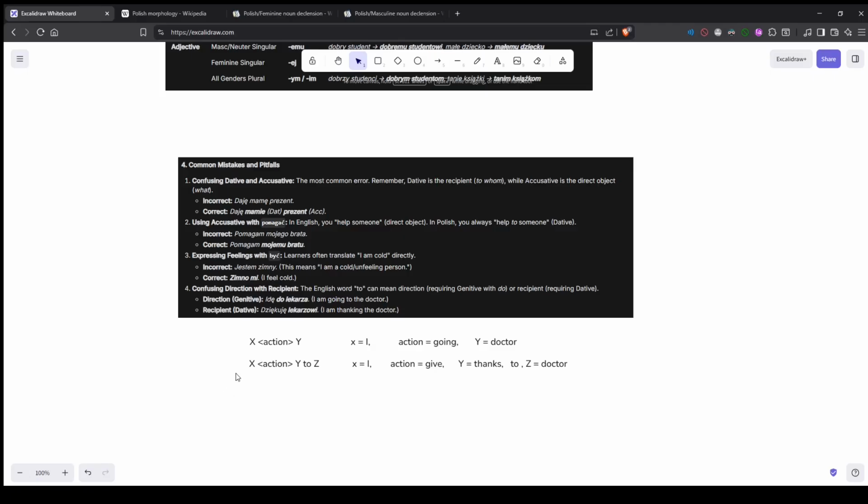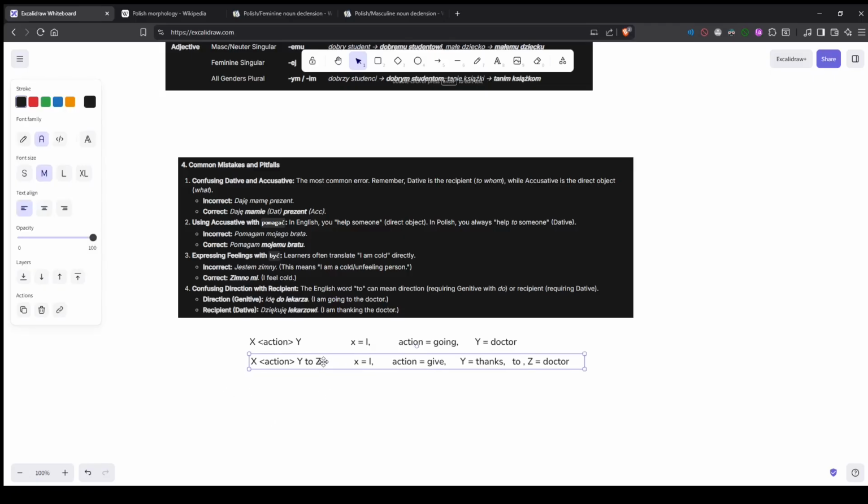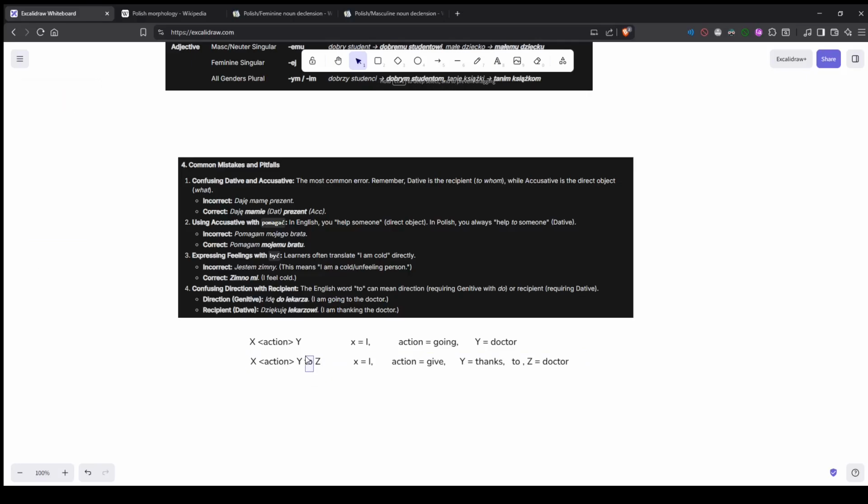I know that it can be a little bit confusing, but it is probably easier to remember that it is not about the word "to" itself, okay? It is more about giving something to someone.